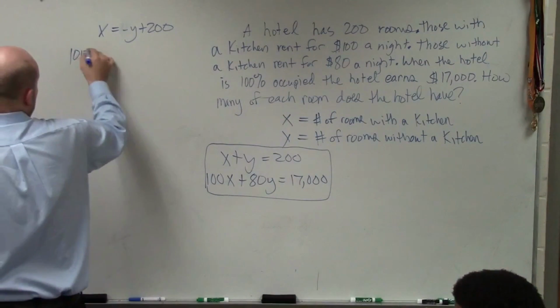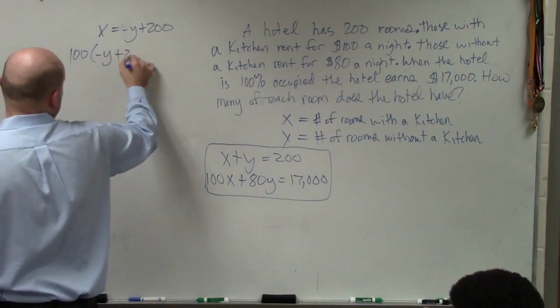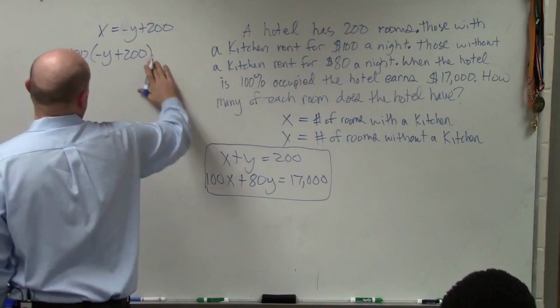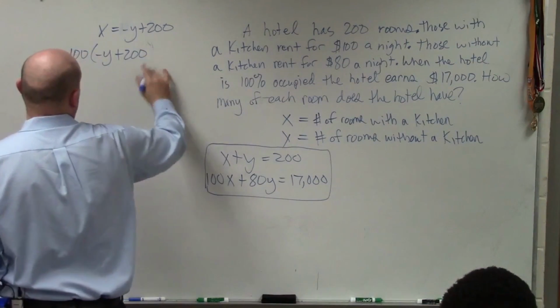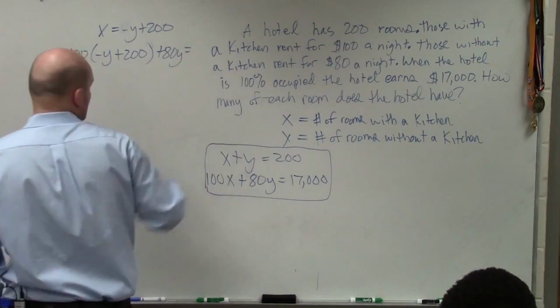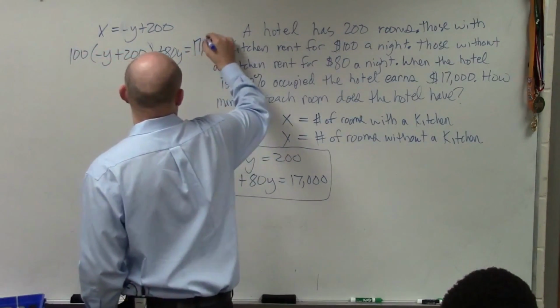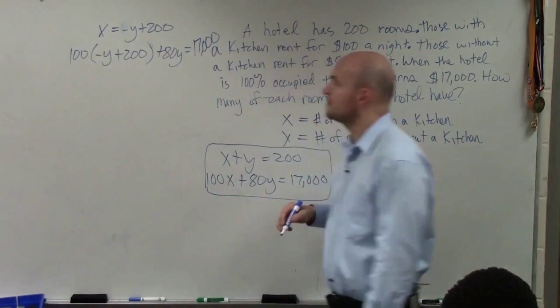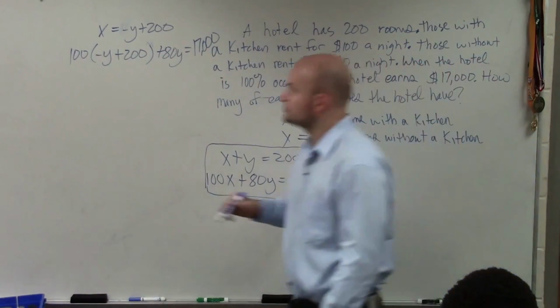So I have 100 times negative y plus 200 plus 80y equals 17,000. Apply distributive property.